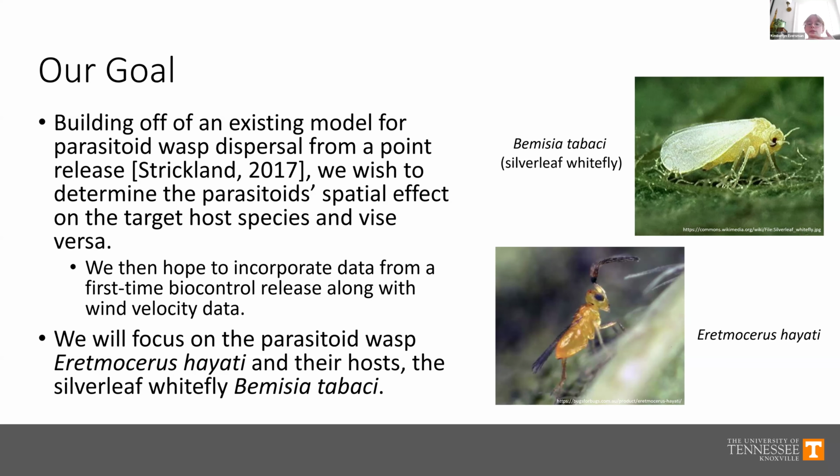So they were able to determine that if anything has been affected by E. hyade, then we know that's ours because this is the first time it's been in Australia. So we actually have some data from that. And then they also collected wind data over time and a few other things. So we'll use that wind data as well. But we're going to focus on the parasitoid wasp and the whitefly from that paper.